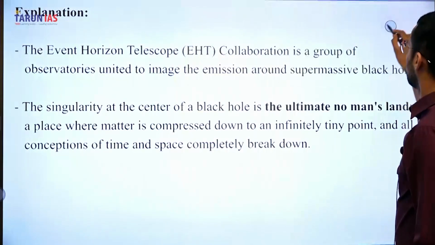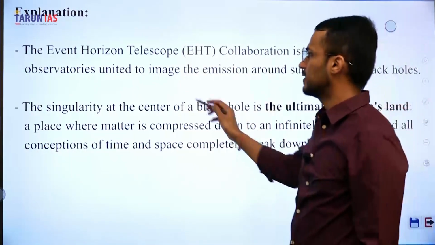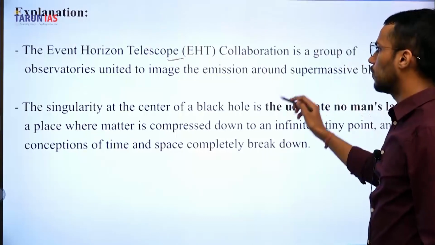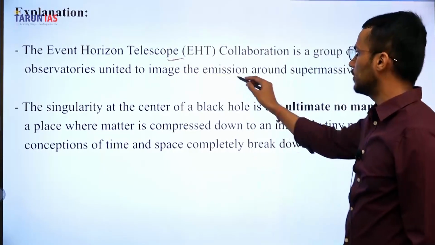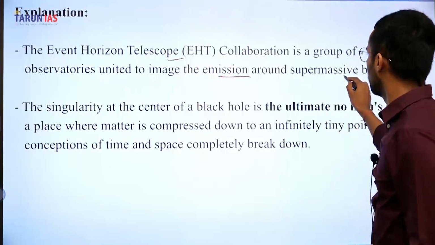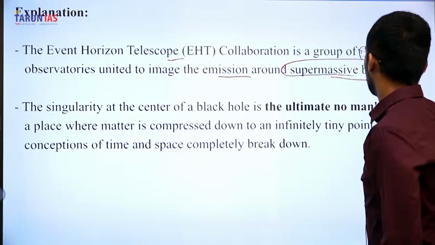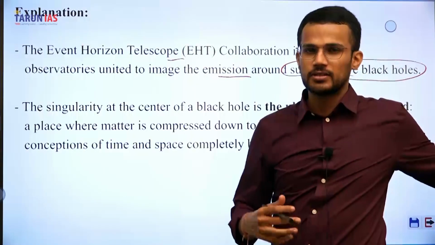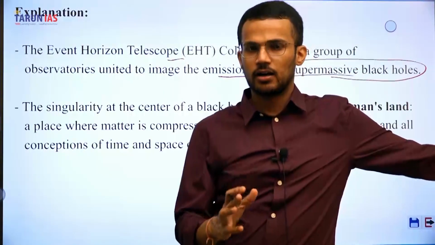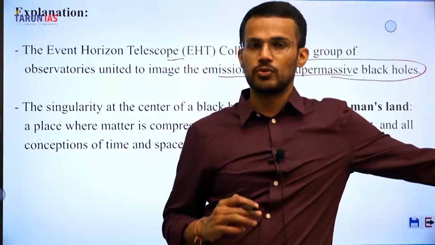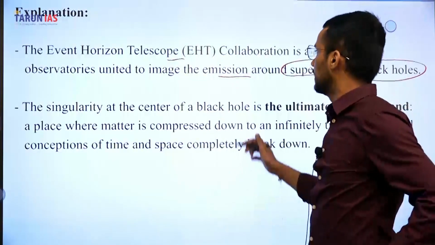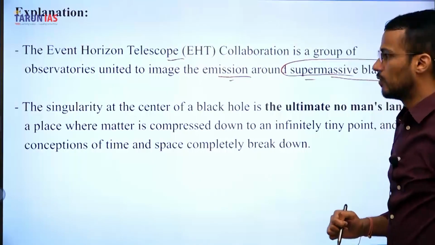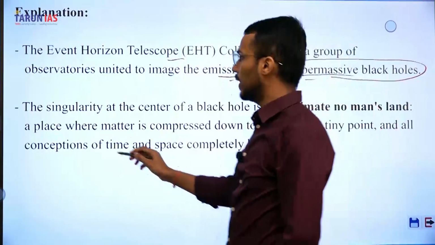Let us discuss. Event Horizon Telescope is a group of observatories united to image the emissions around the supermassive black holes. So Event Horizon Telescope is a set of almost 8 telescopes which are trying to observe the images coming from supermassive black holes. Second, singularity.